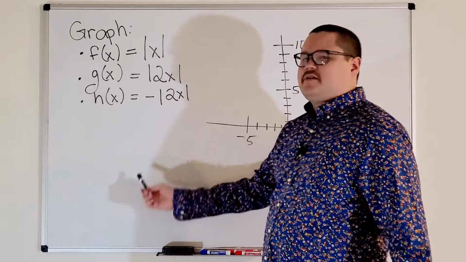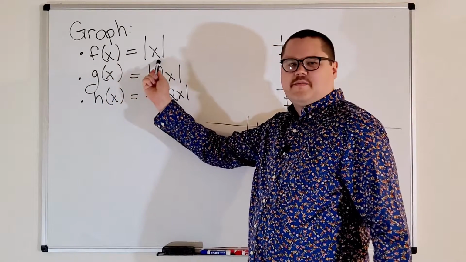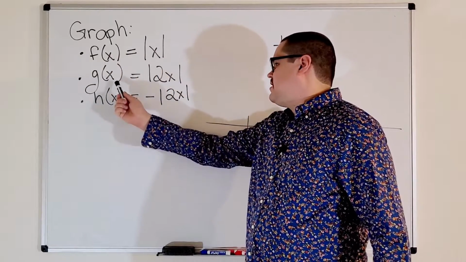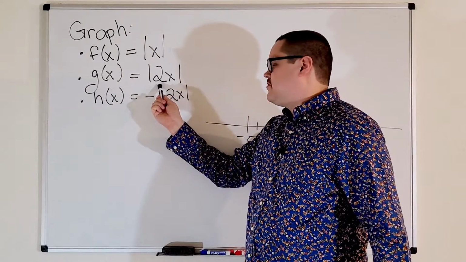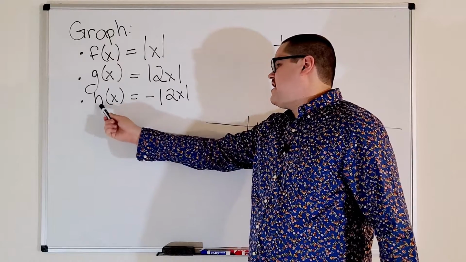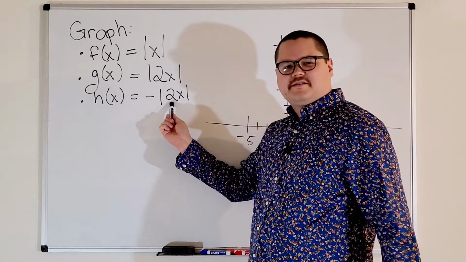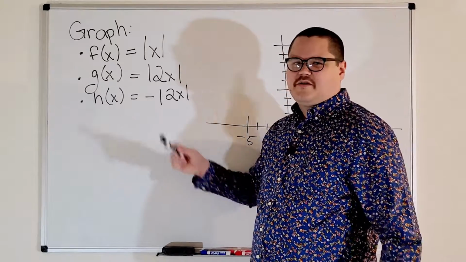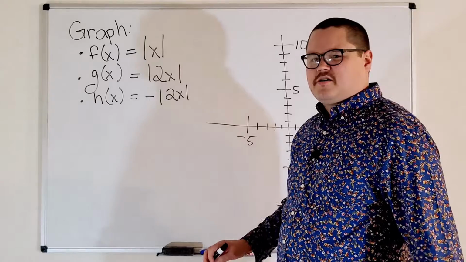Let's suppose that we are to graph f of x equals the absolute value of x, g of x equals the absolute value of 2 times x, and h of x equals negative of the absolute value of 2 times x. I think we already know what to do. Let's make a t-chart.